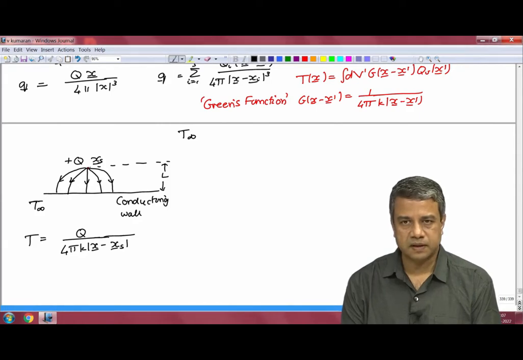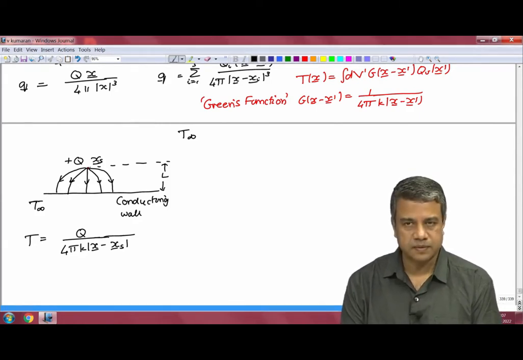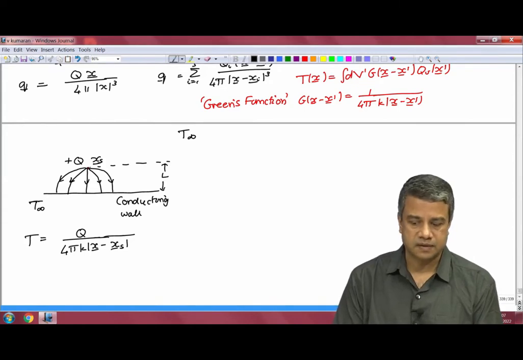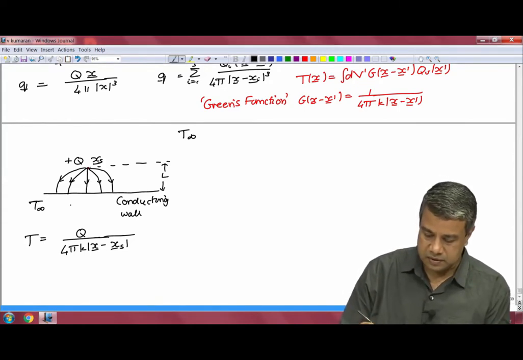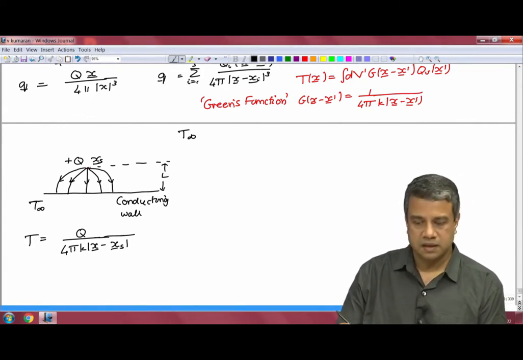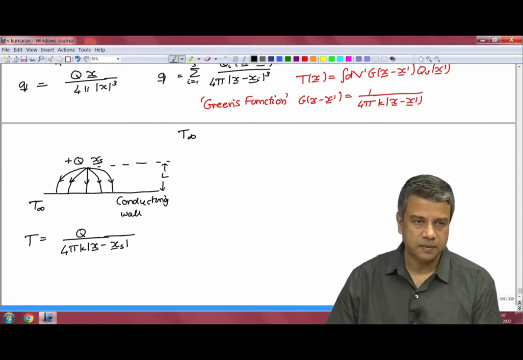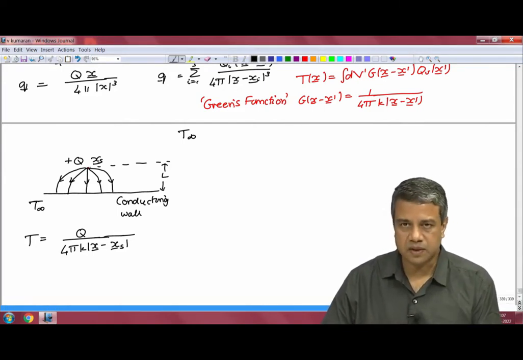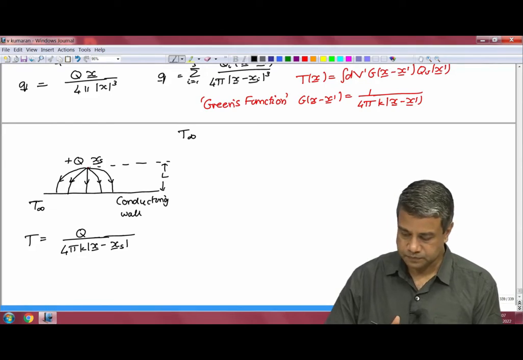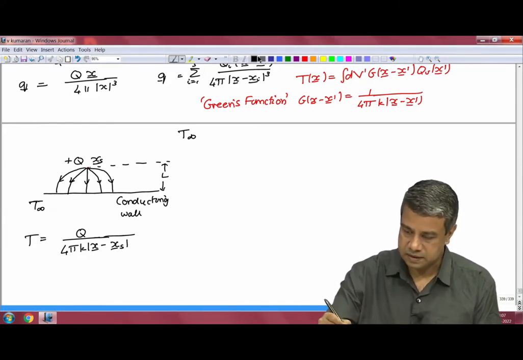This temperature field obviously is not a constant along a plane. This temperature field decreases with distance from the point source, and you can see on this horizontal surface the distance from the point source varies. Therefore, the temperature varies, and this temperature field due to an isolated point source in an infinite medium does not satisfy the boundary condition on this surface.